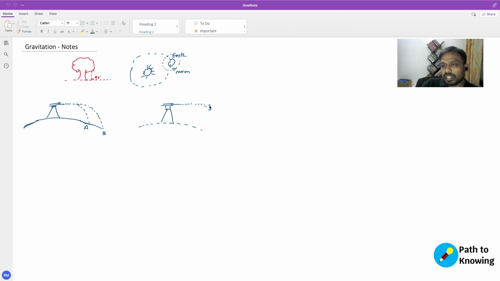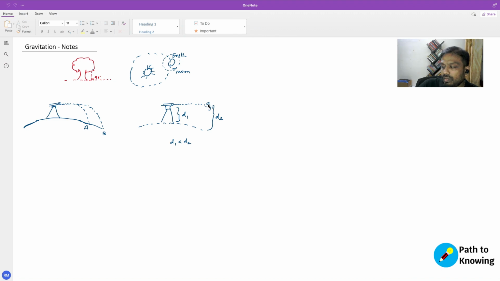So the distance between the cannonball and the surface here would be more than the distance here. D1 must be less than D2. Because of the Earth's curvature, the cannonball would have to travel a longer distance to fall on the surface of the Earth.